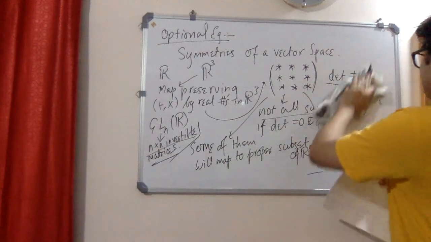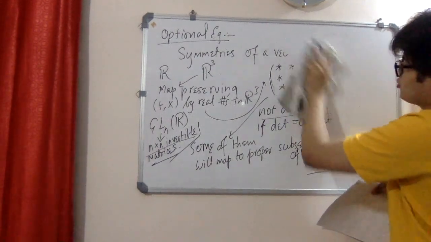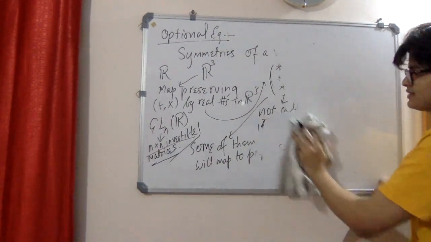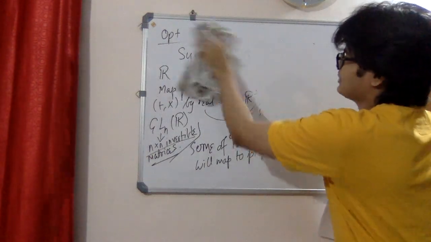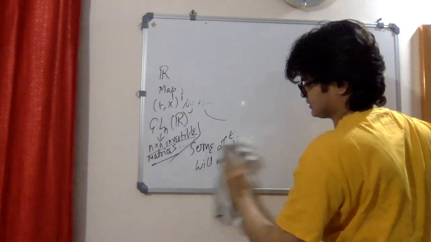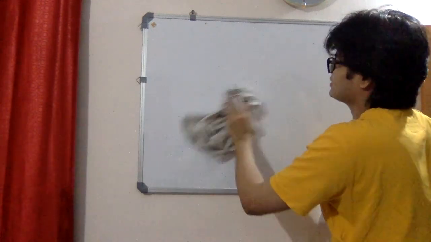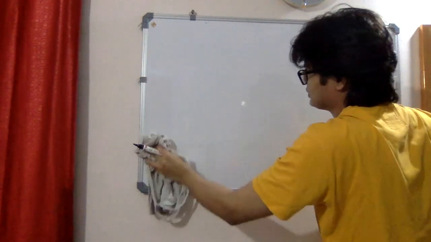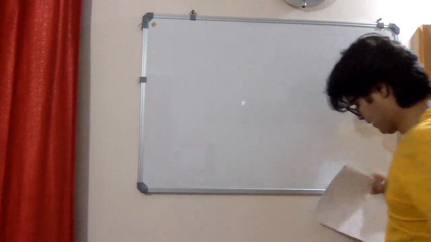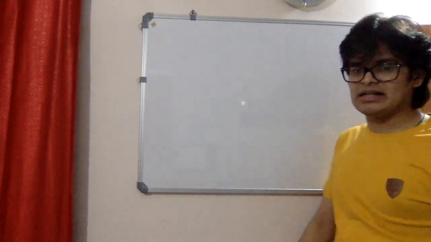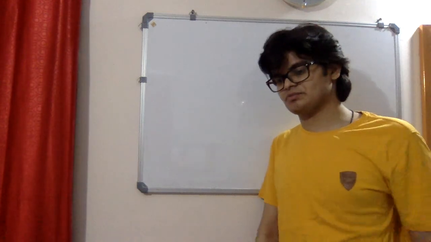So these were some examples of groups, some intuitive examples, and some examples of symmetries, symmetric groups. So from linear algebra as well, and some from intuitive geometry as well. Now in physics, also the groups have a role to play.